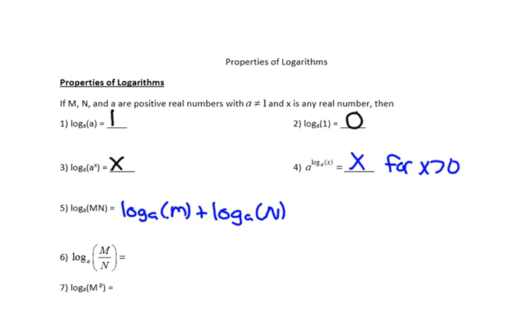For number 6, log base a of m divided by n is the same thing as log base a of m minus log base a of n. And for number 7, log base a of m to the p power is the same thing as p times log base a of m.